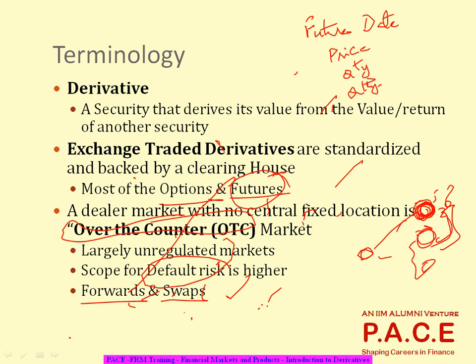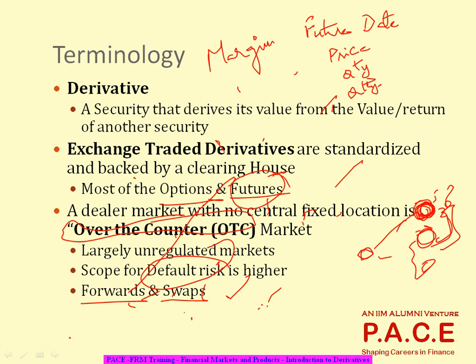Whereas in case of exchange, the exchange takes some steps, some mechanisms to make sure that the scope of default is getting reduced. They have introduced a concept of margin. So this concept of margin actually avoids the scope for default, right? Whereas that cannot be possible in the case of over the counter.